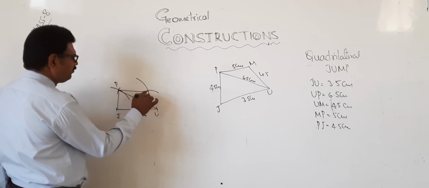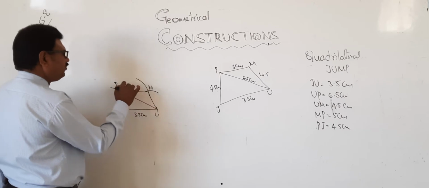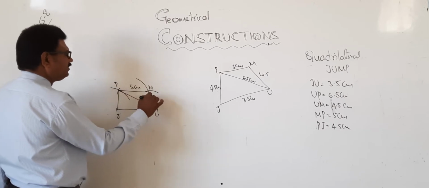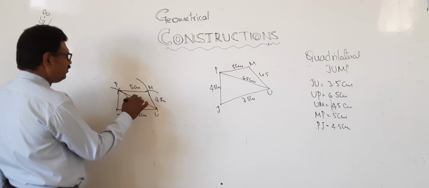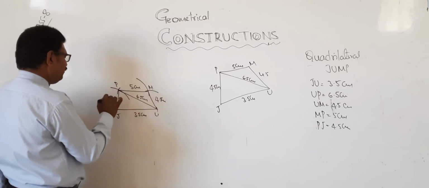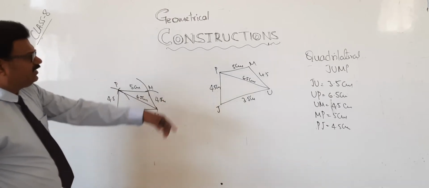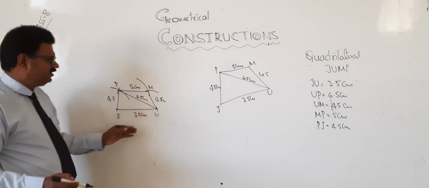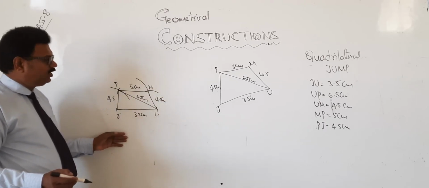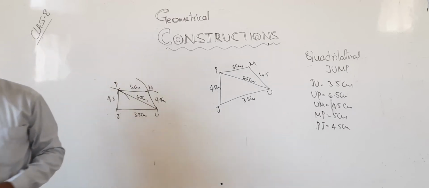So this is nothing but our M. Therefore, 5 centimeters, 4.5 centimeters, 6.5 centimeters, 4.5 centimeters. That means JUMP is over. So this is the rough diagram and this is the fair diagram. Did you understand? So you have to do like this. Please take down. Next problem we will go.